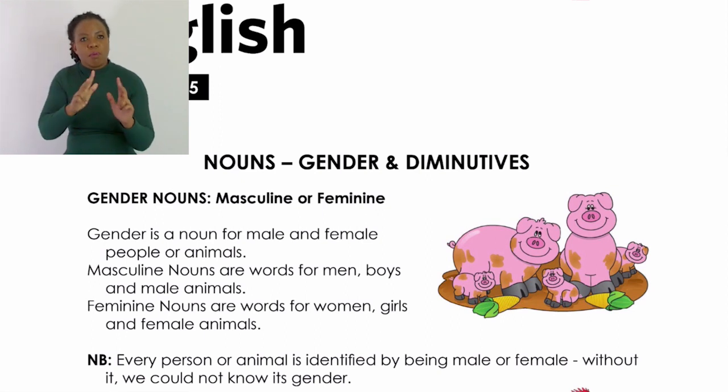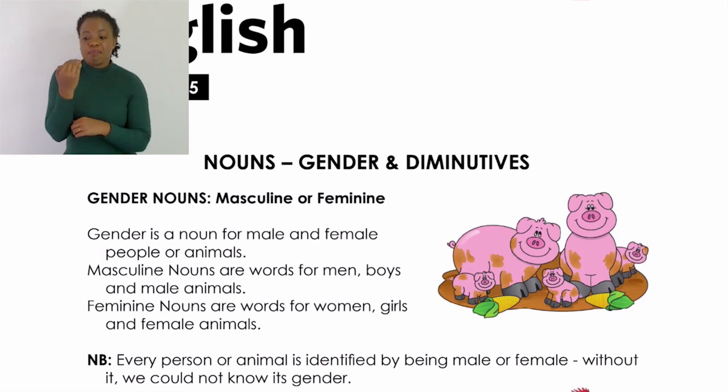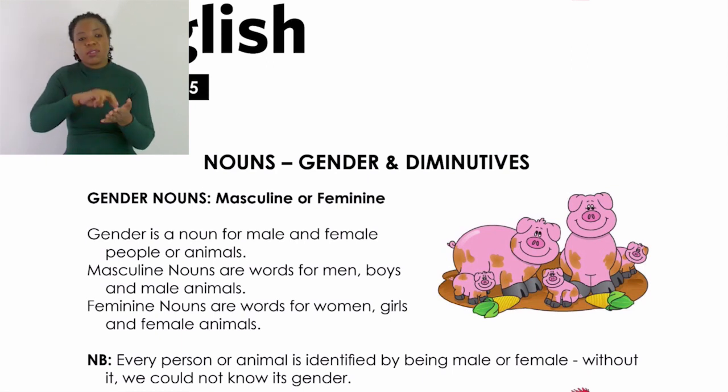Masculine nouns are words for men, boys, and male animals. I understand you still remember that during the last lessons, you talked about nouns, and you were defining nouns as names of things, names of people, names of places.